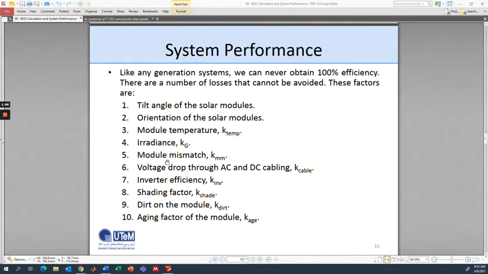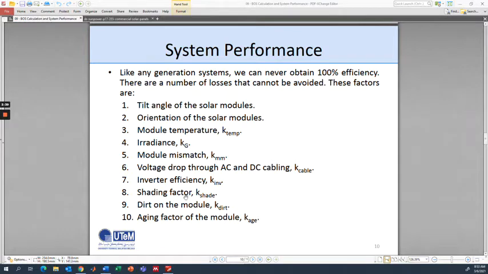Module mismatch: when we connect modules in series and in parallel, there will definitely be some small differences that will affect the efficiency. And then voltage drop through AC and DC cabling. It's rather small, but it still needs to be considered. And then inverter efficiency is the limitation of the inverter itself, the losses from the inverter.